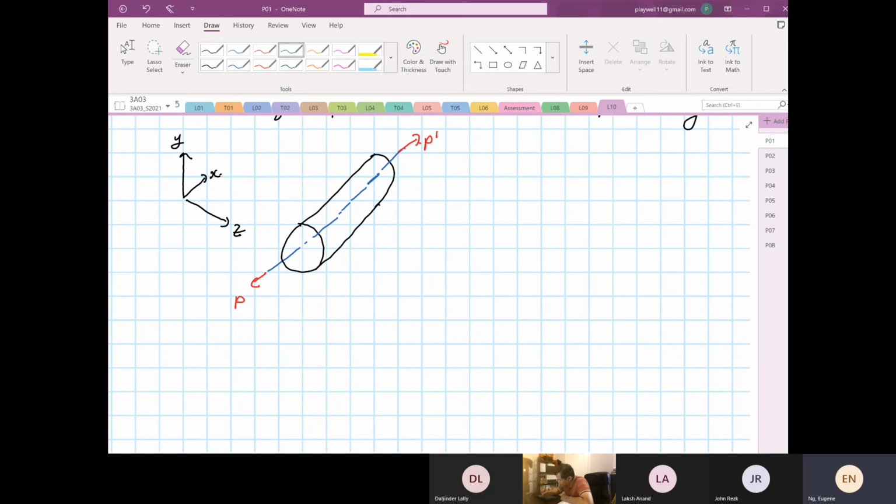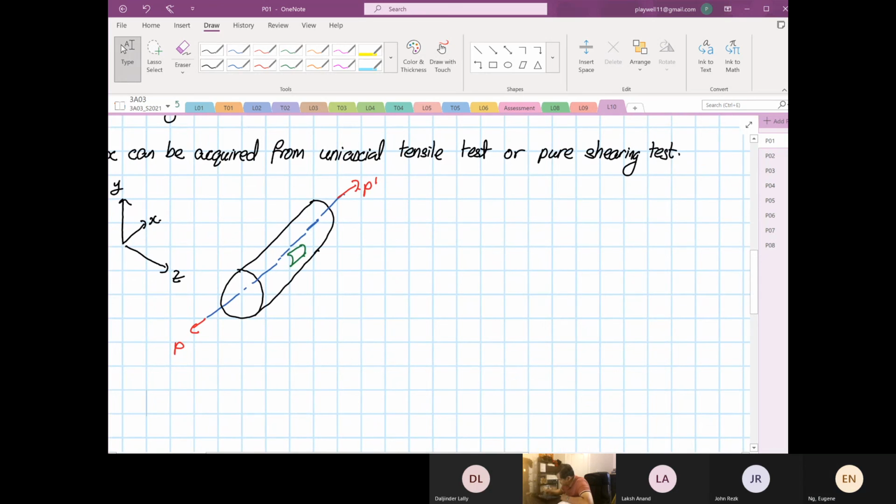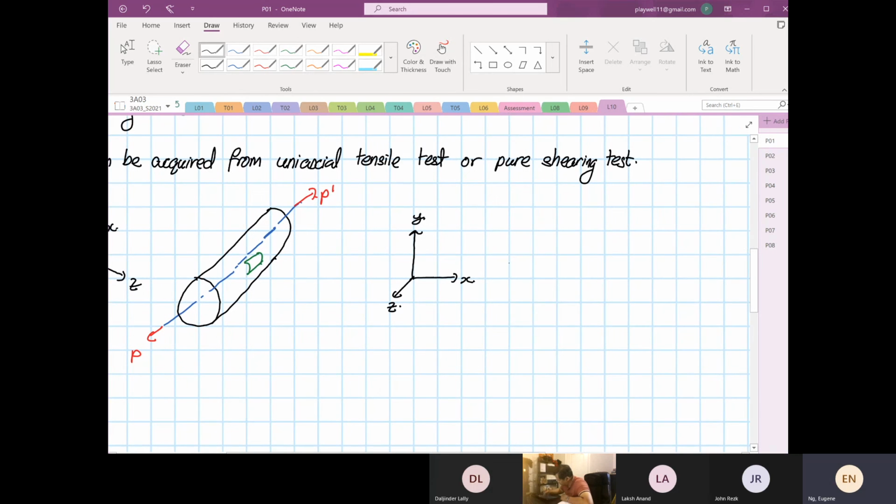Maybe it's not so obvious, but I'm going to put the element over here. I'm going to draw it by the side so you can see. Now this is my X, this is my Y, and this is my Z. So this is our element now.